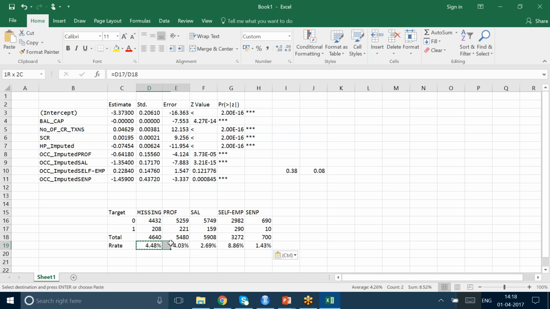Now if something of this kind happens, what you should be doing is checking whether the response rate of missing and professional are very close to each other.